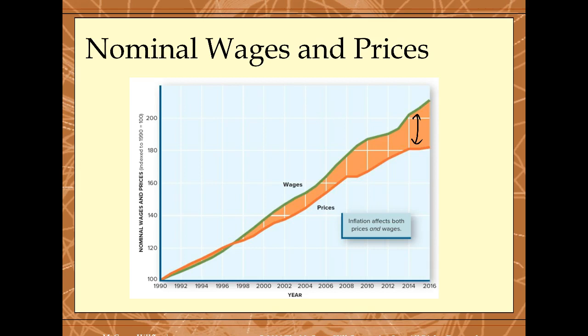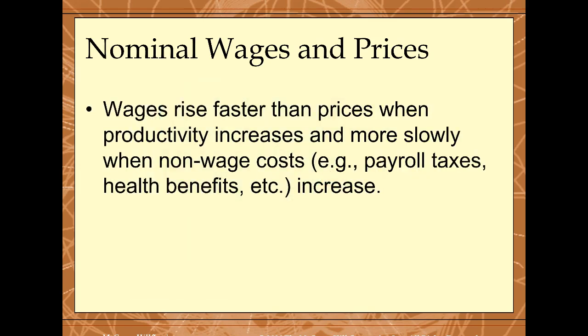And this is another way of saying that on average, workers are better off because their money is going further, because they're getting a bigger wage increase than the price increase. So wages rise faster than prices when productivity increases, and more slowly when non-wage costs increase.